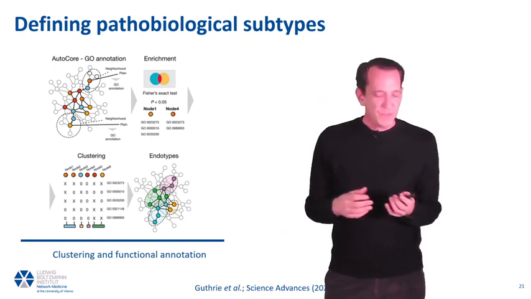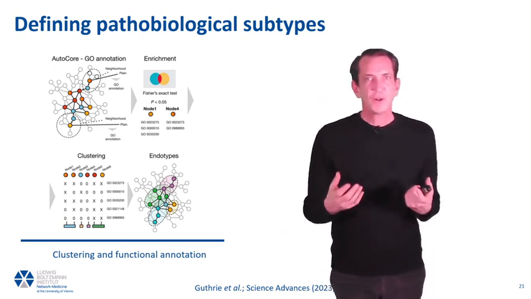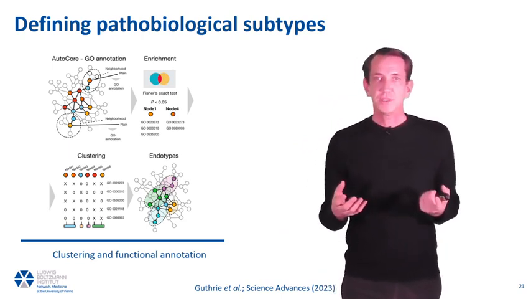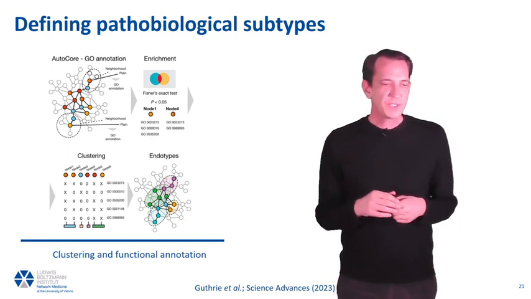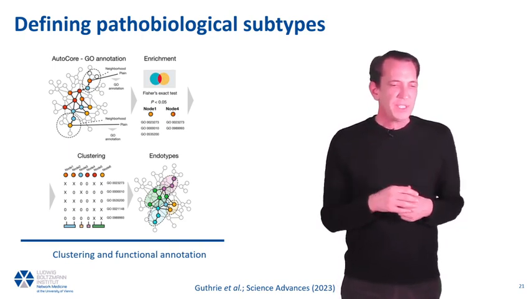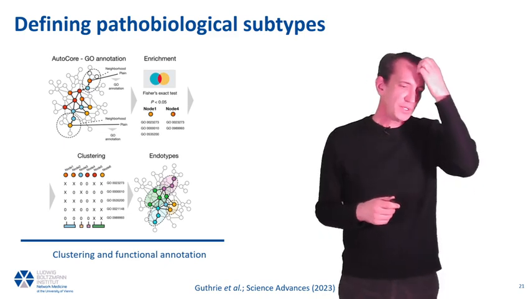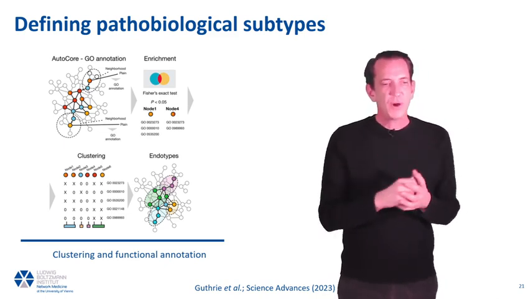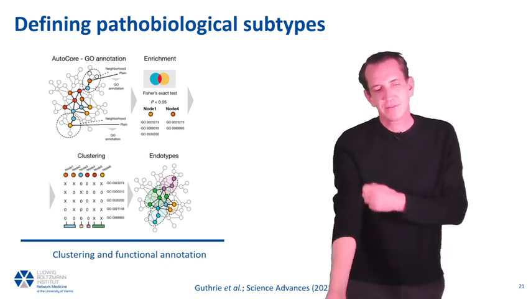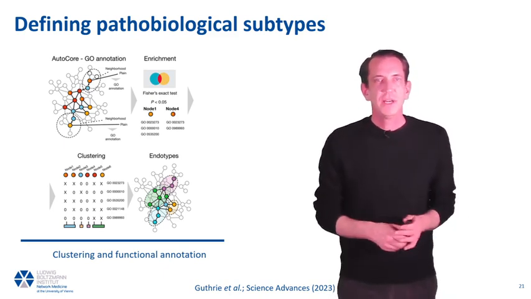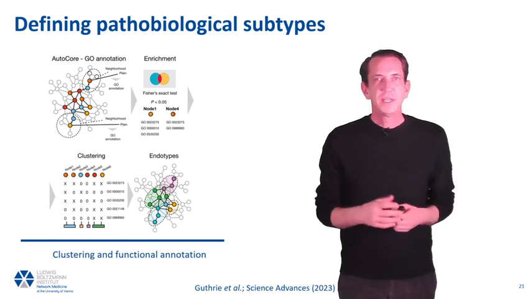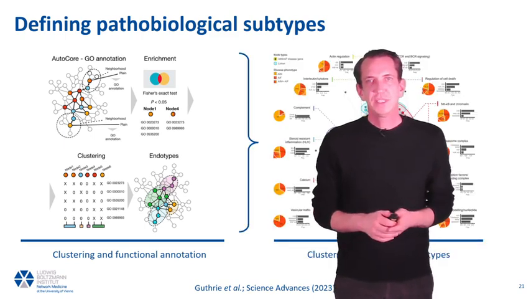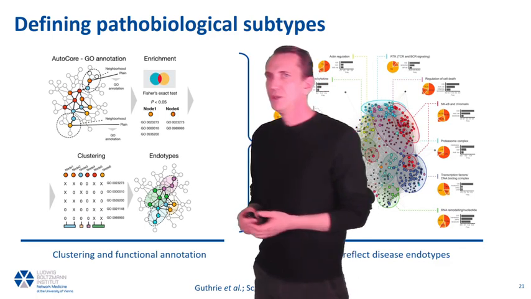And the way we do that is to annotate all these individual genes and to then use similarity measures in order to identify clusters of these genes that belong together, that have a certain shared similar function, and that thereby represent subgroups of this disease. And the result looks like this.